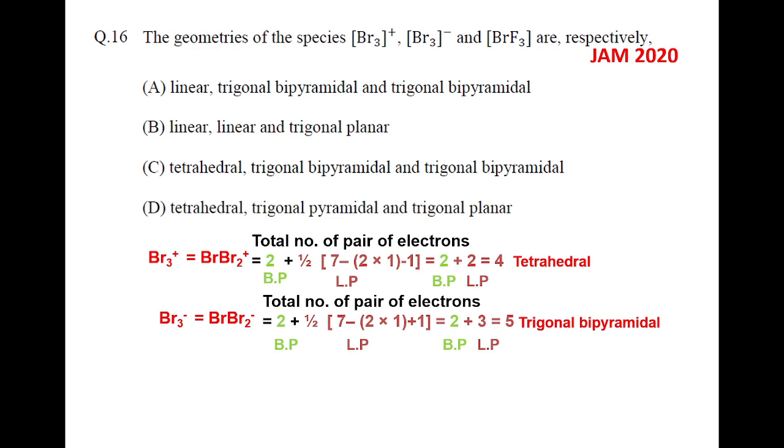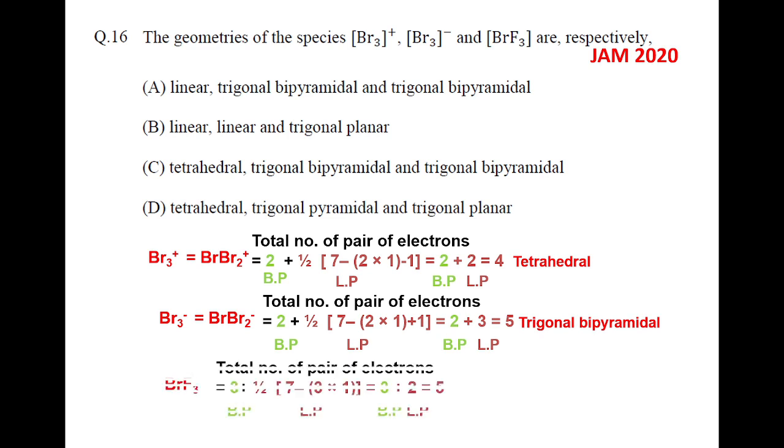Similarly, for BrF3, we get total bond pair 3 and total lone pair 2, total electron pairs 5, and again the geometry will be trigonal bipyramidal. So one will be tetrahedral, another trigonal bipyramidal, and again trigonal bipyramidal. So what will be our answer? The answer will be C. C is the correct answer.